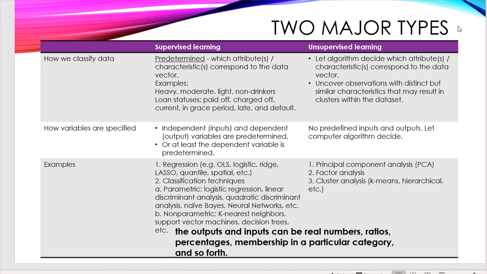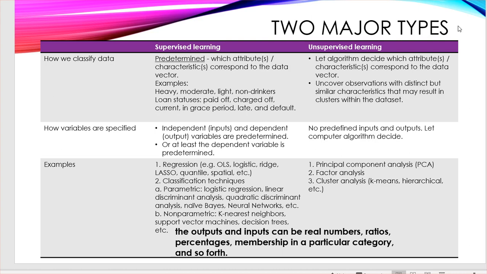So, as you probably figured out, the supervised and unsupervised methods of classifying data just differ in how data is being classified. When we use the supervised approach to classify our data, the attributes or characteristics are predetermined, and sometimes the targets or the inputs and outputs are also predetermined.